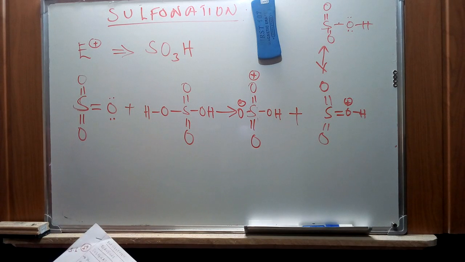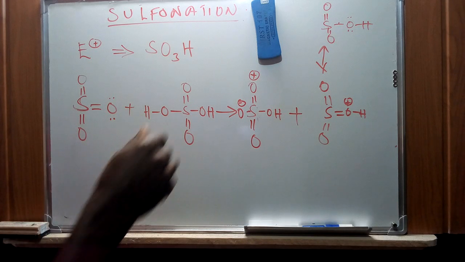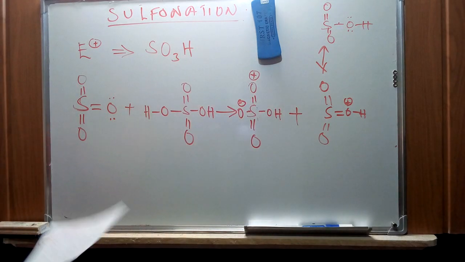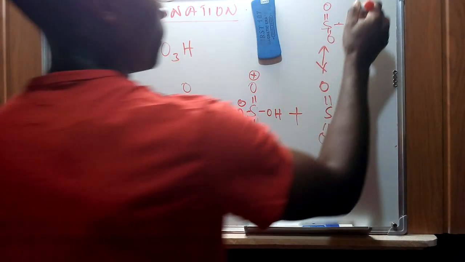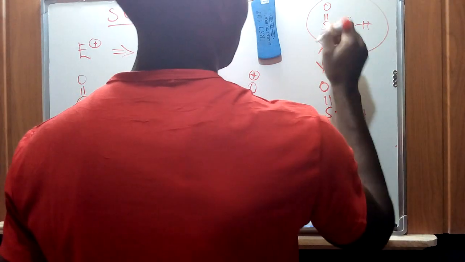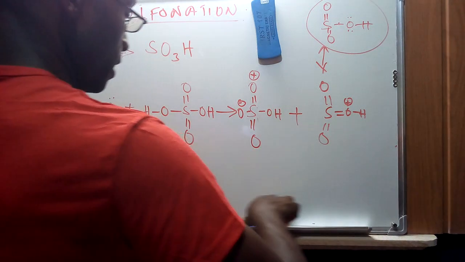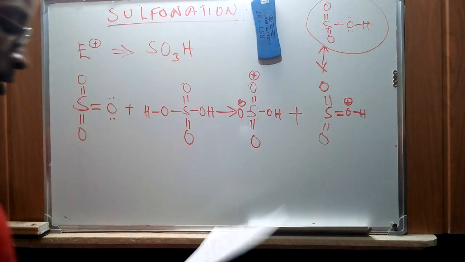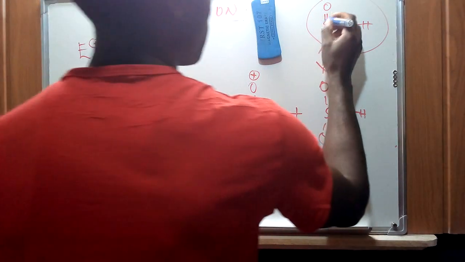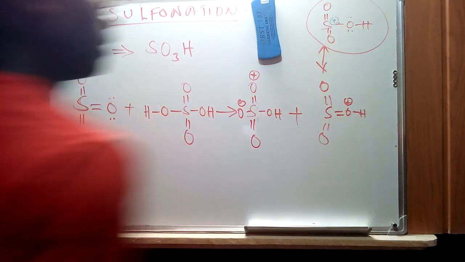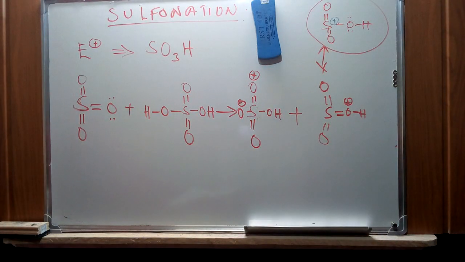Our electrophile is going to be this resonance part of the molecule that we have used here. When we have indicated the electrons at those points, this one is going to have a partial positive charge at this point, or just a positive charge, and it forms part of our electrophile that we're going to use in this reaction.